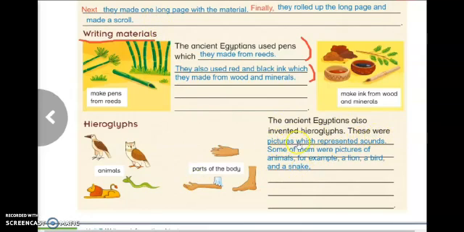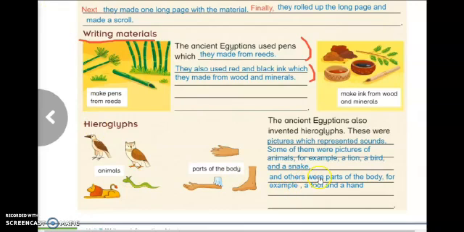These were pictures which represented sounds. Some of them were pictures of animals. For example, a lion, a bird, and a snake. So they used pictures of animals to write.